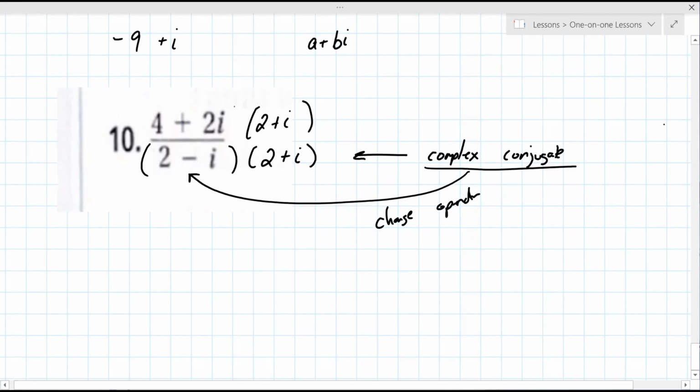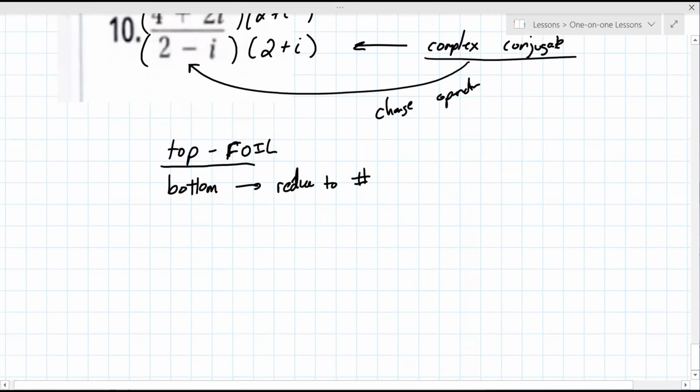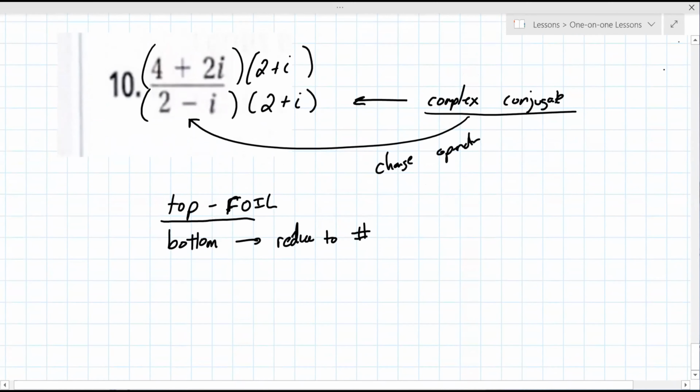I'm sure you've seen this in class. The top now is a FOIL problem. The bottom is going to reduce to a number. This is one of those where I'll work it out here, but I'd like you to try first, expanding the top, FOILing the top, and then working on the bottom. It does reduce to just a single number. So take about 60 seconds and see if you can work that out.